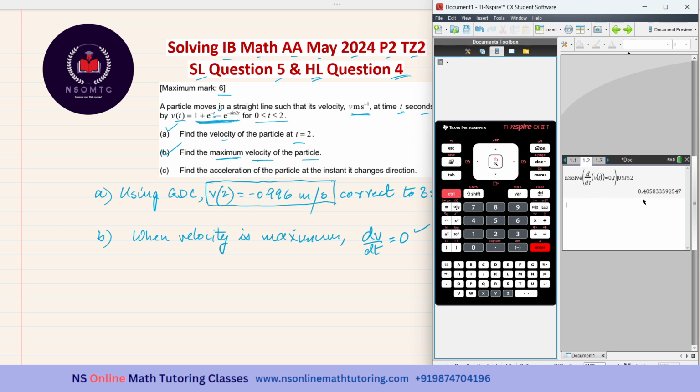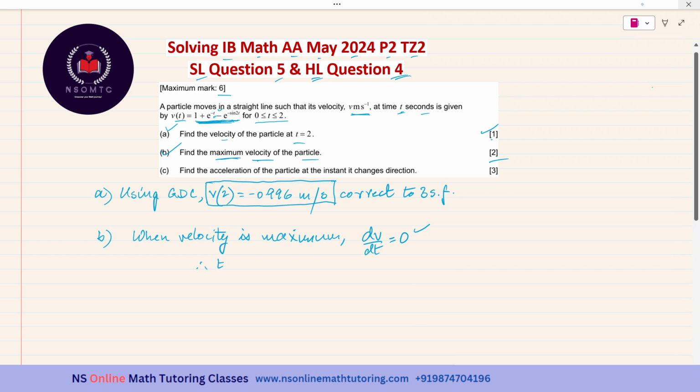So now we have got the time value when dv by dt equals 0. It is 0.40583359.